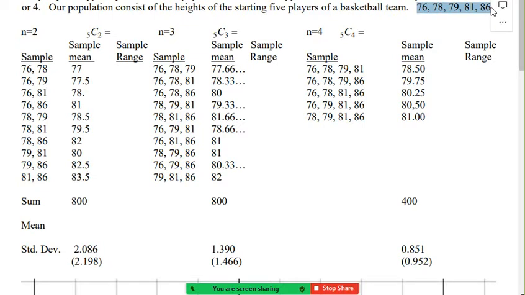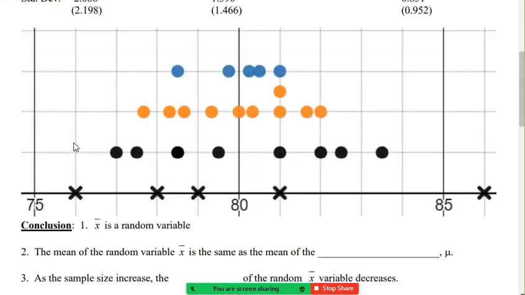That was our entire huge population, right? 5 pieces of data. And there were 10 ways that we could take a sample of size 2 out of that population. When we calculated the mean of those samples, it gave us this column. So we got all kinds of different estimates for the population mean. Now the population mean in this case was 80.